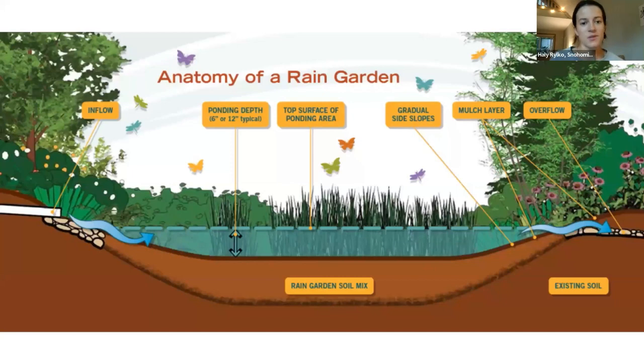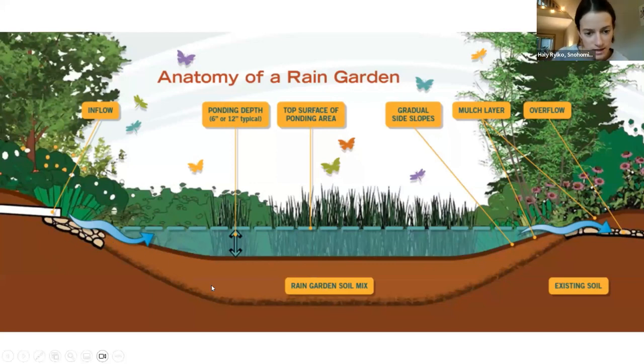Some of the parts of a rain garden: we have the inflow, which can be directed from roof runoff via pipes, or just a curb cut coming off the street. They ought to have rock areas underneath as the water's coming in, so that area doesn't erode.